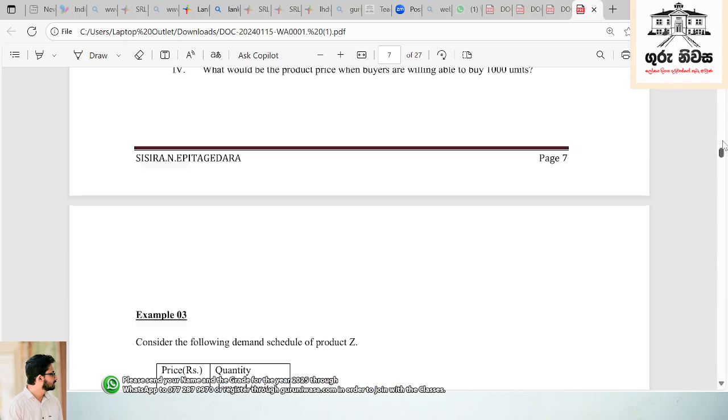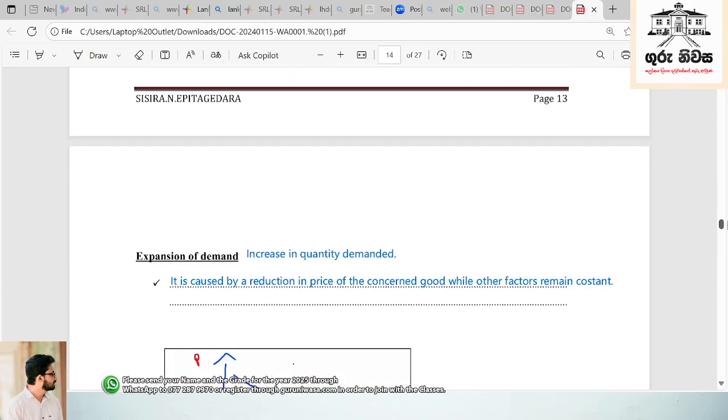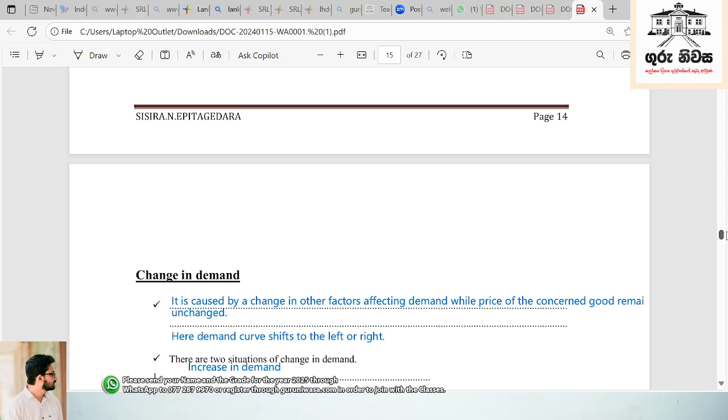Remember, lamai, today we have done the main two points. Number one, individual demand and market demand. Very important point. Individual demand means demand of one buyer, the number of units that one buyer is willing and able to buy at different market prices.